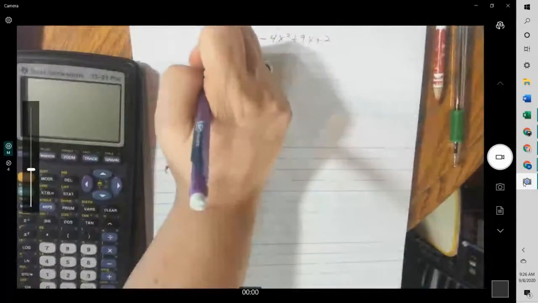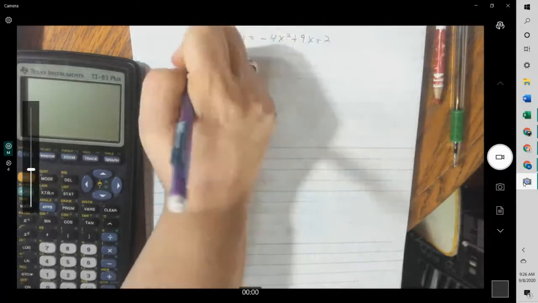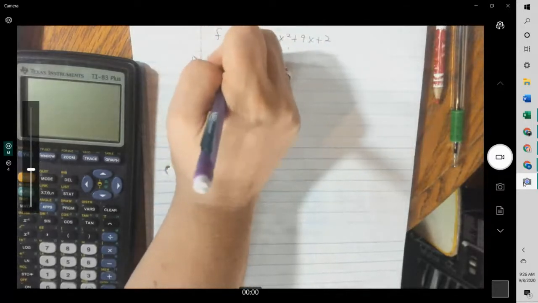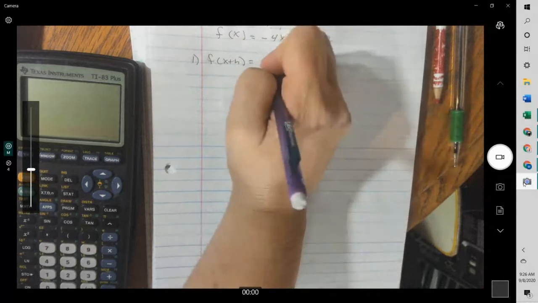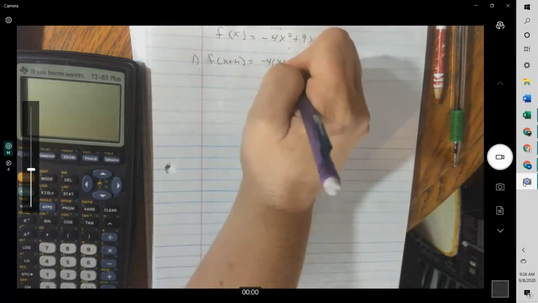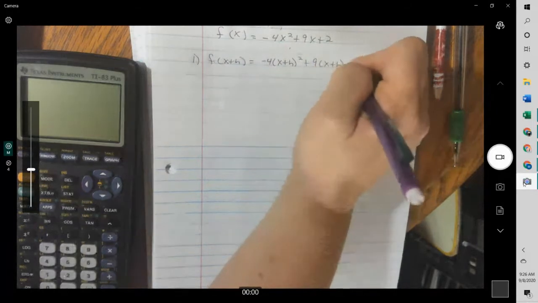So we want to find the limit, or we'll do it in steps. This one is easier in the 4 steps. F of x plus h. So we have negative 4 times x plus h squared plus 9 times x plus h plus 2.